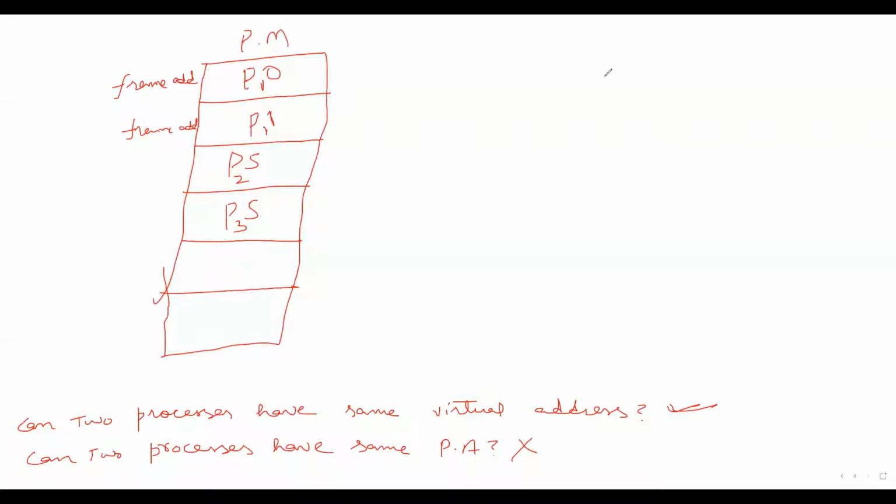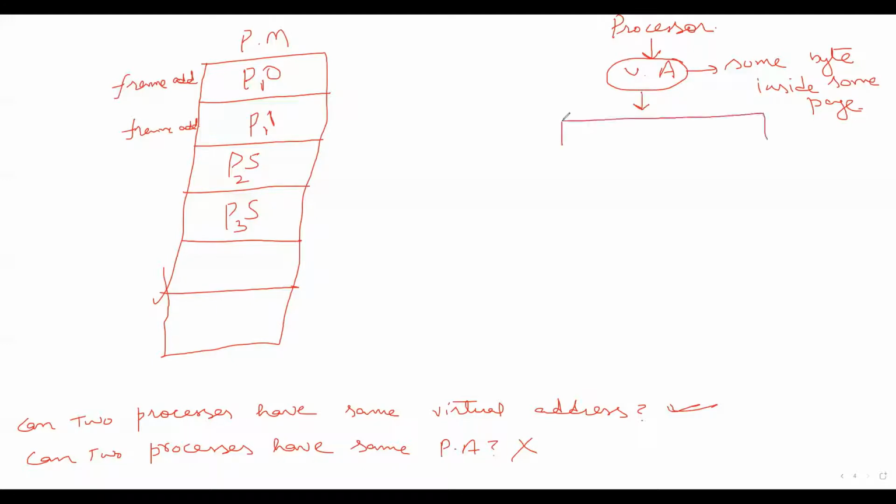Fine. Now my processor is there. The processor generates a virtual address, and we know that this virtual address is the address of some byte inside some page. So we will divide this virtual address into two parts.